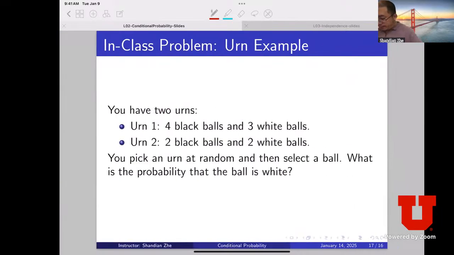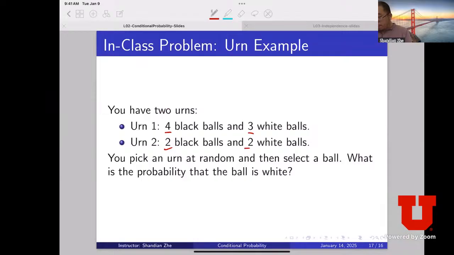Okay, another example to strengthen our understanding. We consider another experiment. You have 2 urns. In urn 1, you have 4 black balls and 3 white balls. In urn 2, you have 2 black balls and 2 white balls.